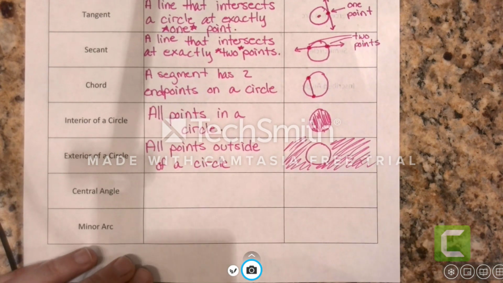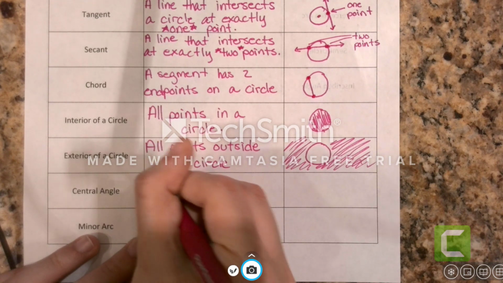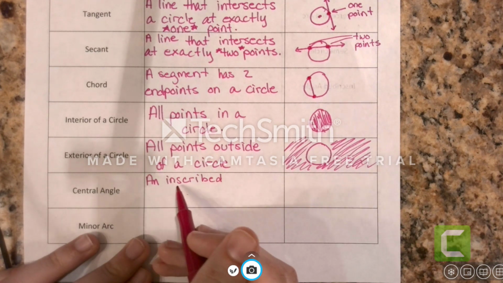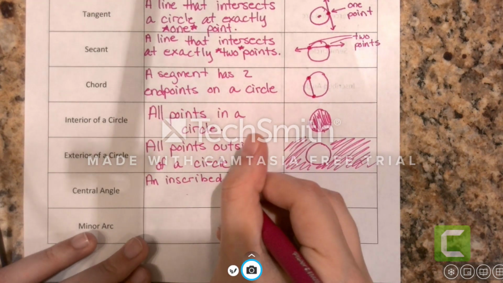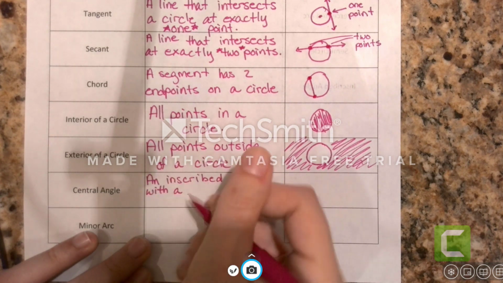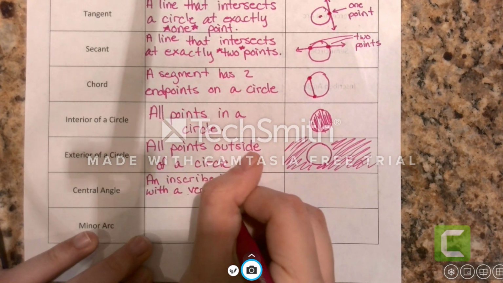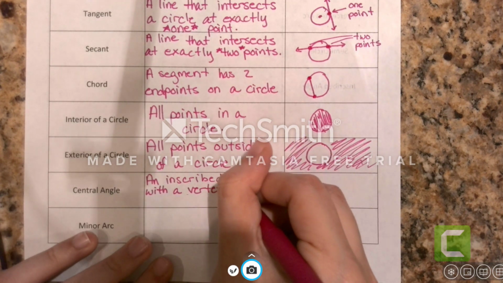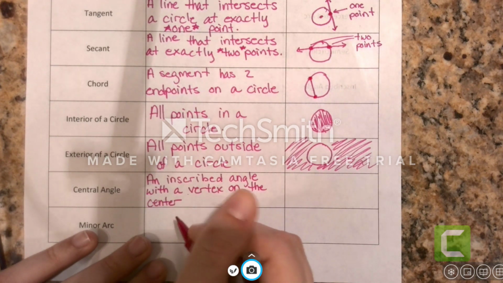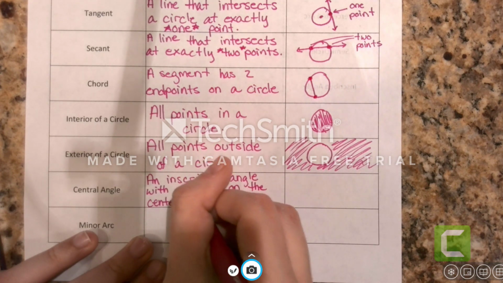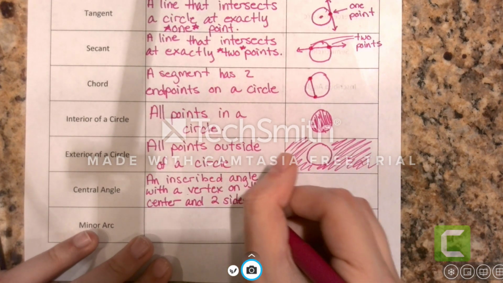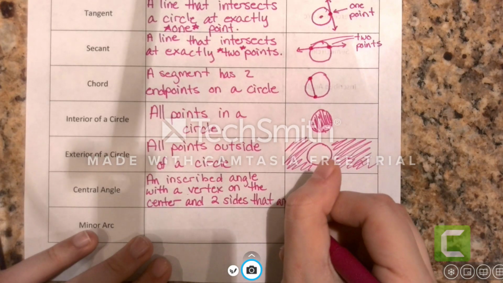So for the central angle, a central angle is an inscribed angle with a vertex on the center, and two sides that are radii.